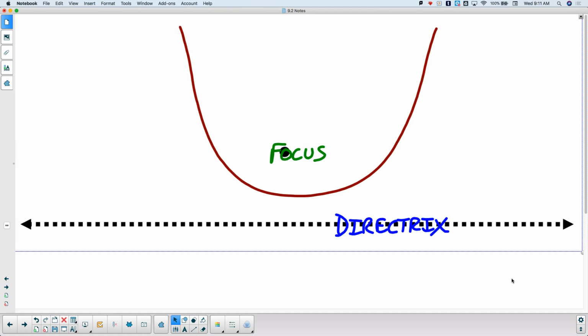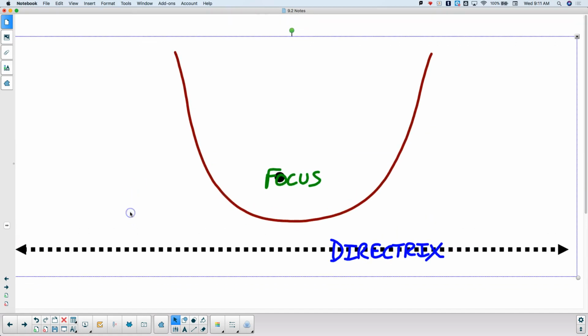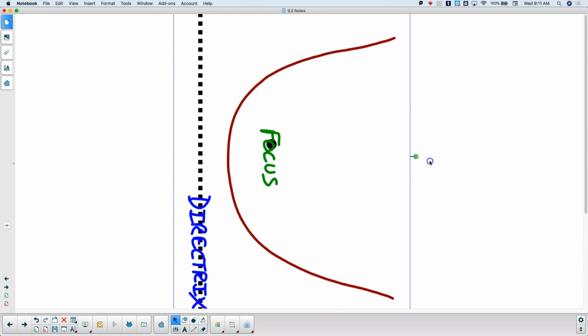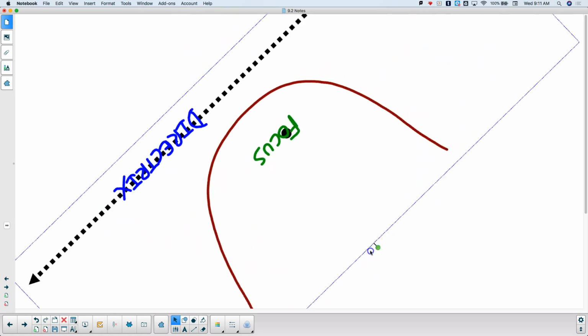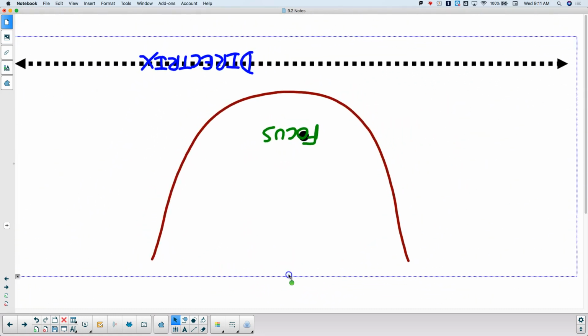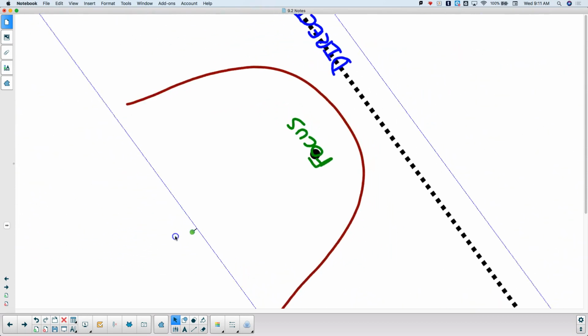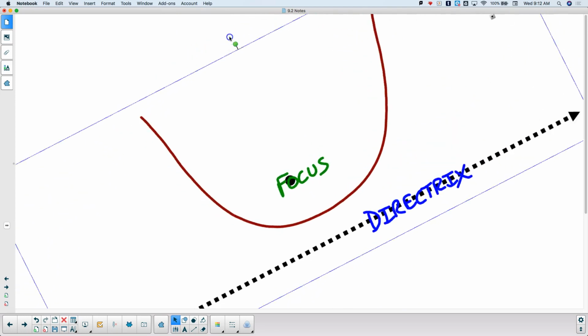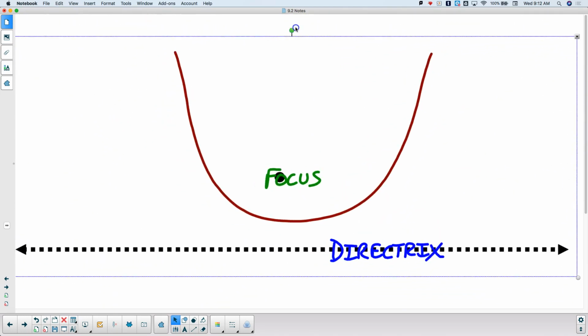Okay, so this relationship will always stay the same, where the focus is always inside of your parabola, the directrix is always outside your parabola. Okay, that relationship will always be like that. Your parabola never crosses the directrix.